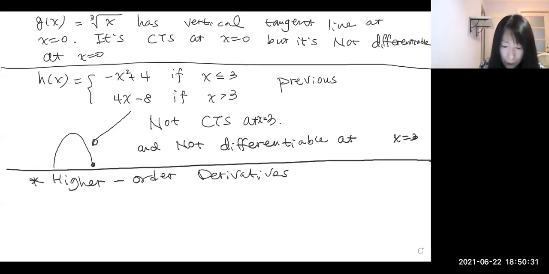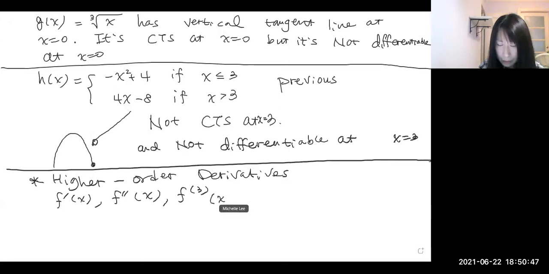Okay, so we use f prime of x with a double prime. For the third derivative, we actually use three primes.